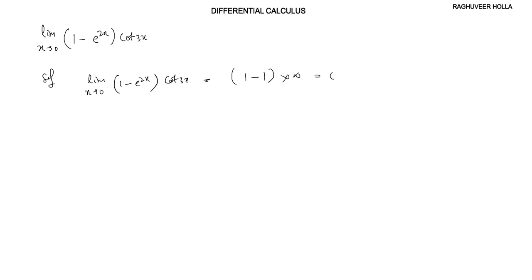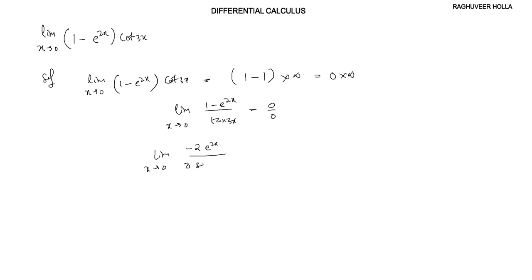Now when limit x tends to 0, this is 1 minus 1 multiplied by infinity, which is a 0 multiplied by infinity form, which is indeterminate. Or even if you write 1 minus e to the power of 2x by tan 3x, you get the form 0 by 0 when x tends to 0.